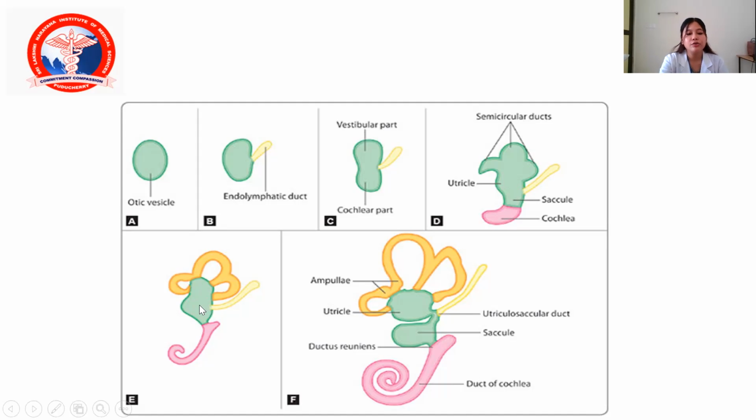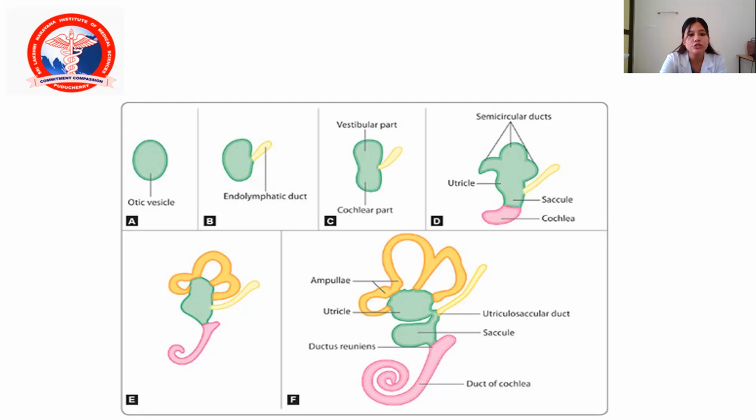Now, in this image, you can see this is the utricle. From the utricle, three disc-like evaginations, this yellow color what you see, develop as the ducts. How are the ducts developed?